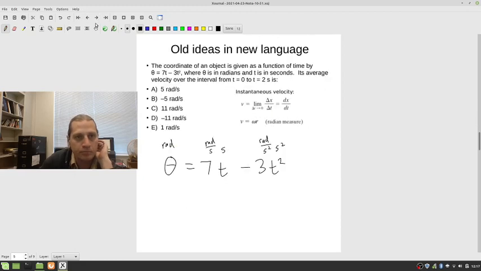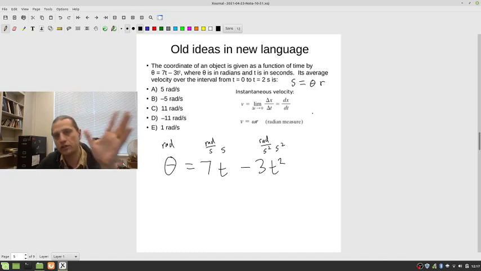So, like in this case, if I wanted to translate that theta into a distance in meters, my distance in meters equals theta times the r of the circle, and that would give me how far my object is moving.